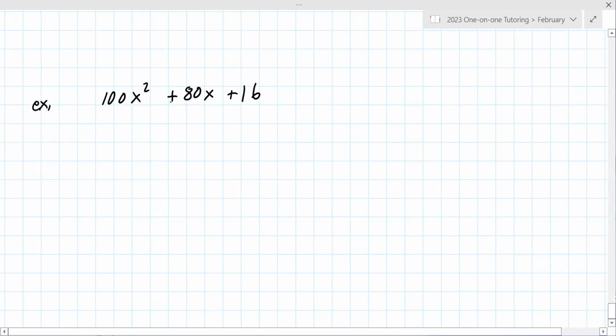So can you take the square root of 100? Can you take the square root of 16? It'd be 10, and for 16, it's 4.